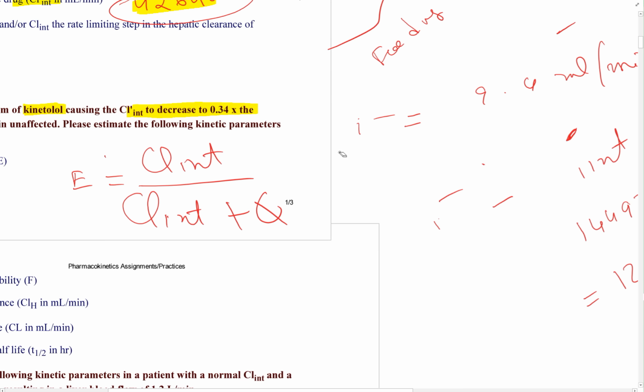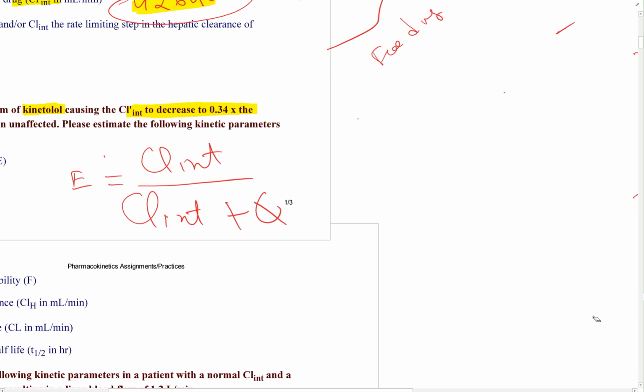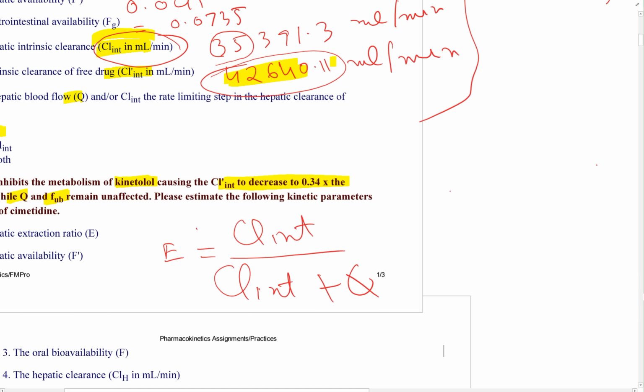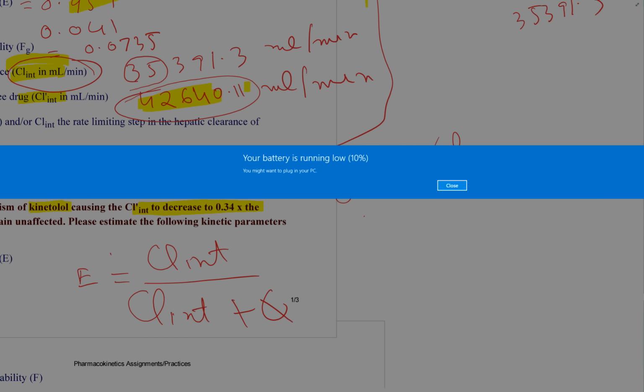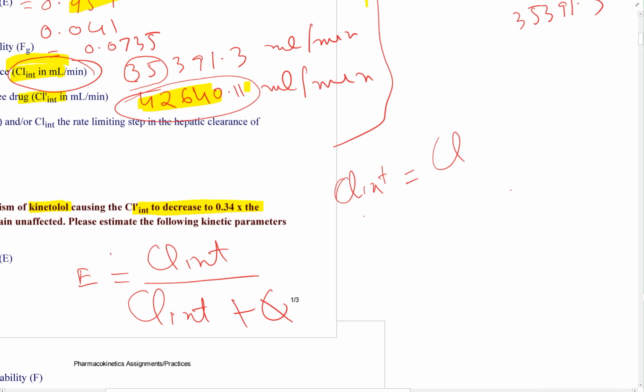Now let's explain this. I hope you understood how to calculate hepatic intrinsic clearance. For hepatic intrinsic clearance, there is an equation: CLINT is equal to CLINT prime times FUB. So now we put in CLINT.